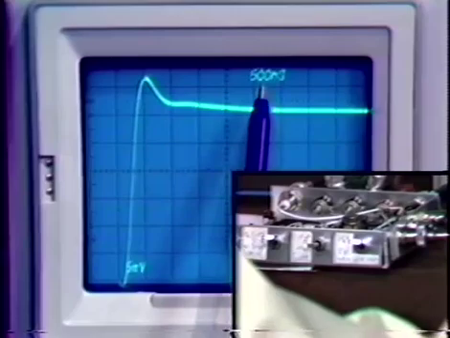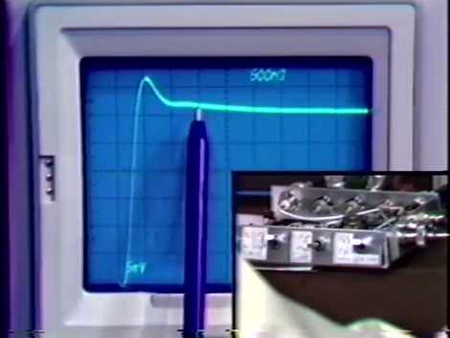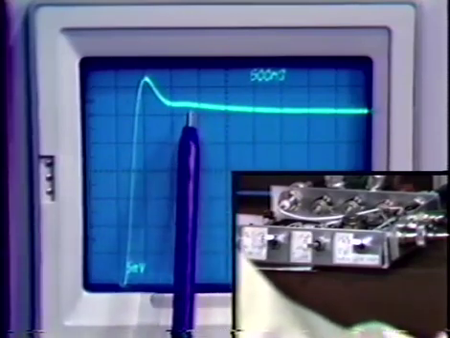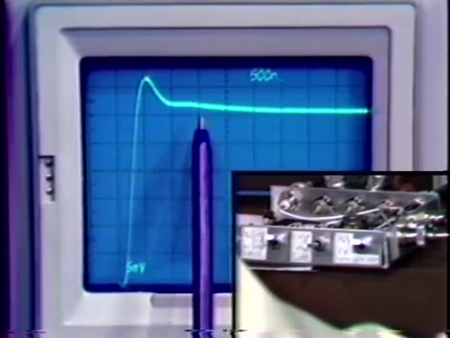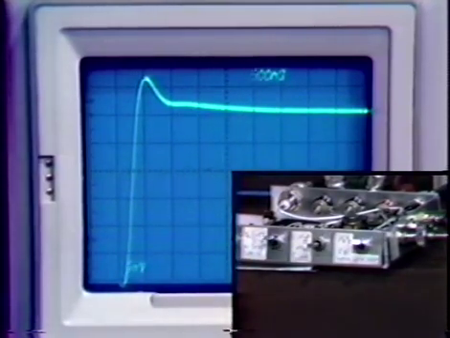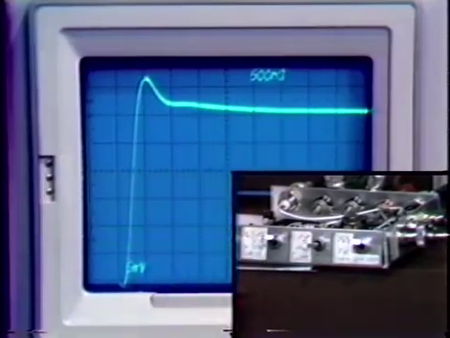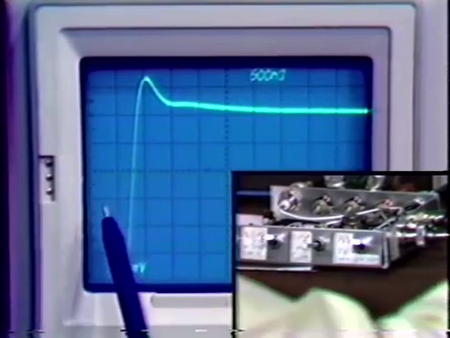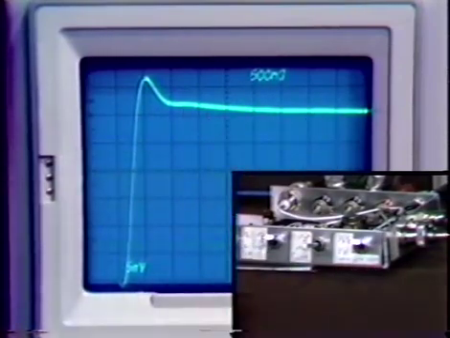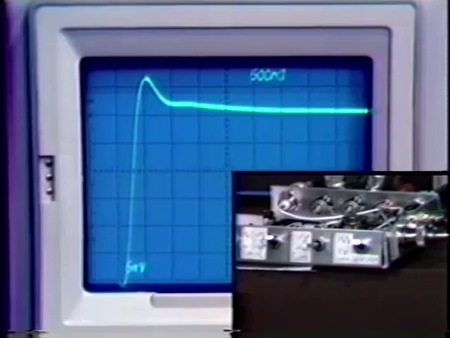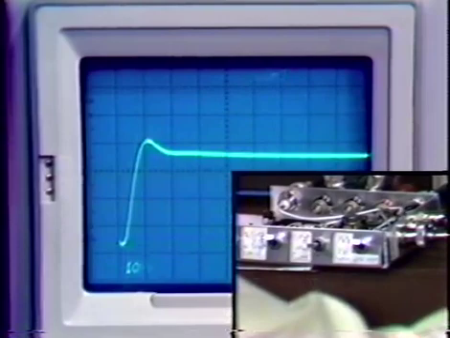We're at 500 nanoseconds per division, and from here to here, the tail may shrink to 1 minus 1 over e of final value. So we have a time constant of roughly a microsecond. We'll have more to say about that in a little while, but that's the only really noticeable difference that we see in the small signal input to output step responses of the system.